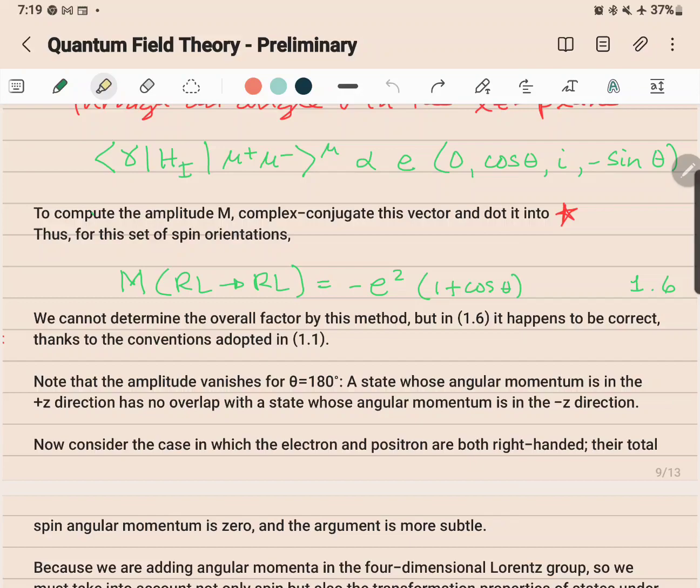Now, we were talking about the electron being right-handed and the positron being left-handed. But how about when the positron and electron are both right-handed here?